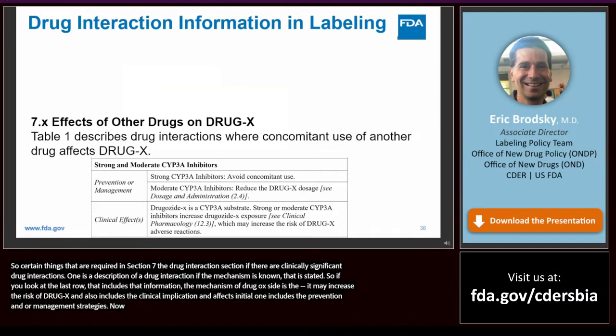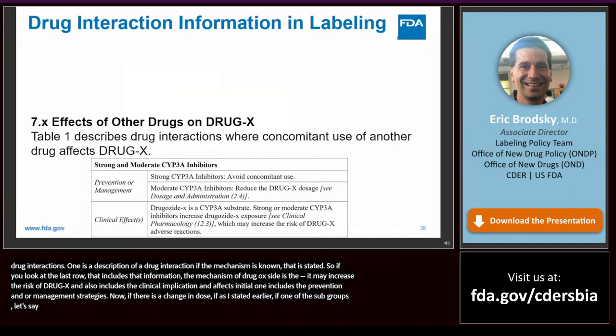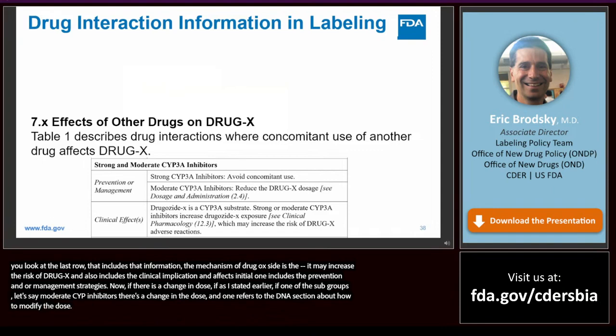Now, as I stated earlier, if one of the subgroups, let's say moderate CYP3A inhibitors, has a change in the dose, then one refers to the DNA section for the specificity about how to modify the dose. There's a general statement included in Section 7, and that is a referral to Section 2 for the details.